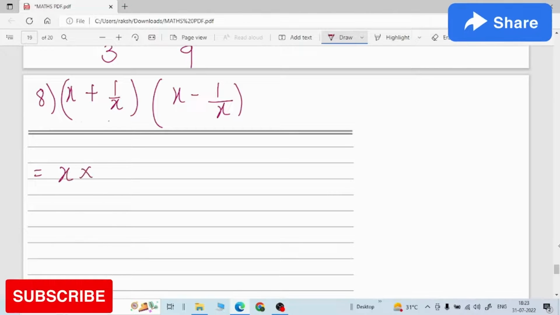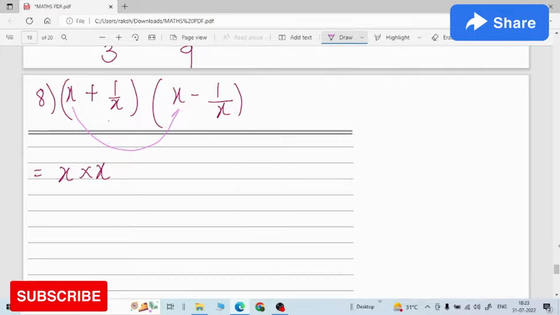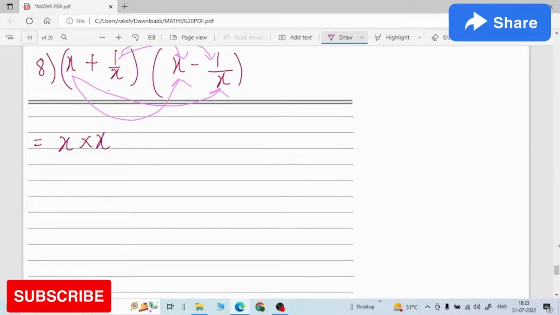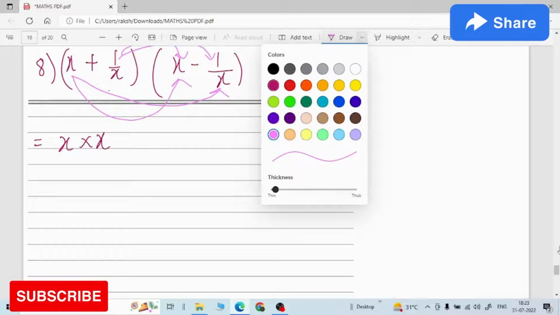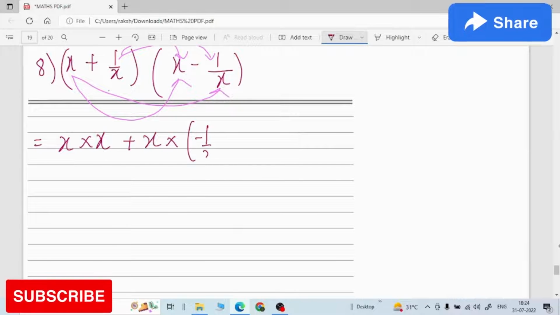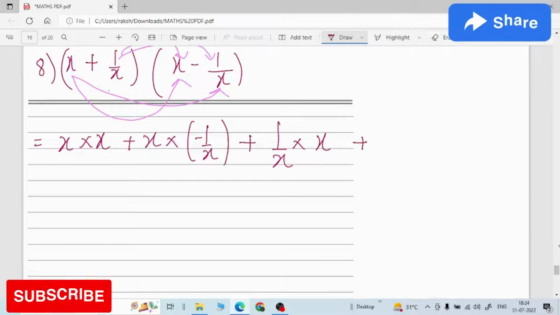So x into x, as we know earlier, we have to do x into x, x into 1 upon x, and this one with this one. So x into x plus x into minus 1 upon x plus 1 upon x into x plus 1 upon x into minus 1 upon x.